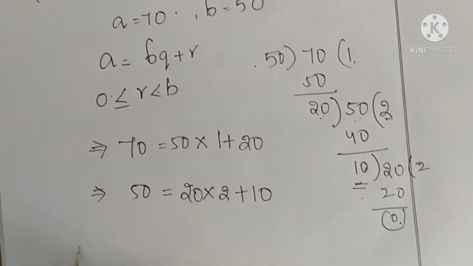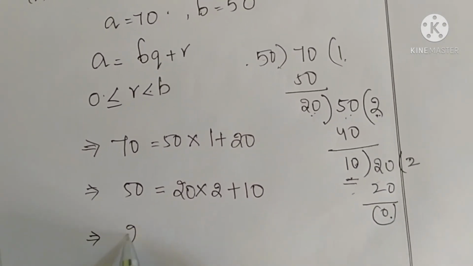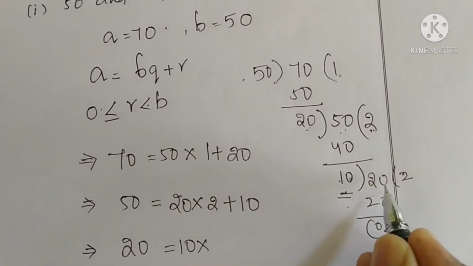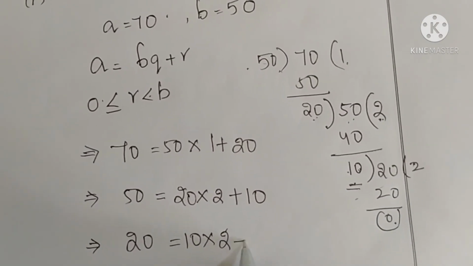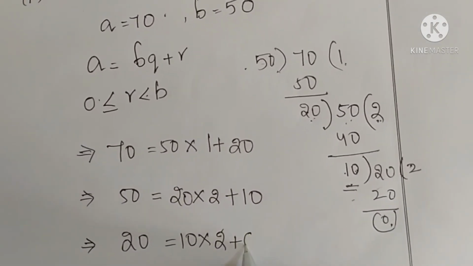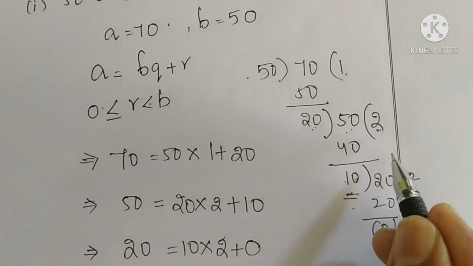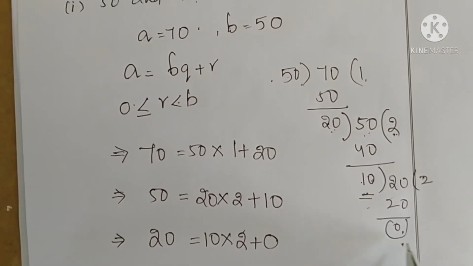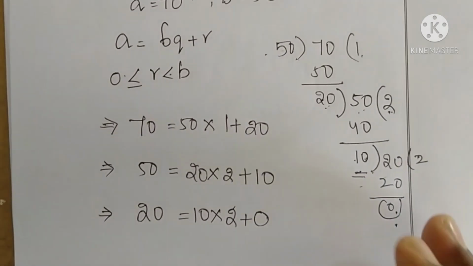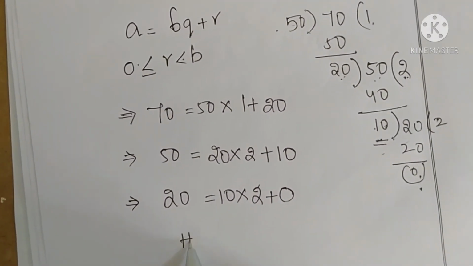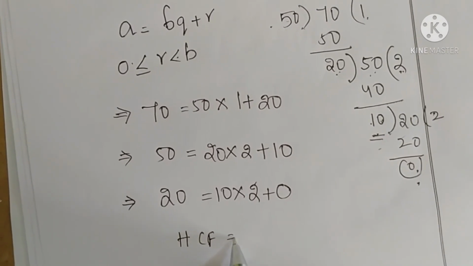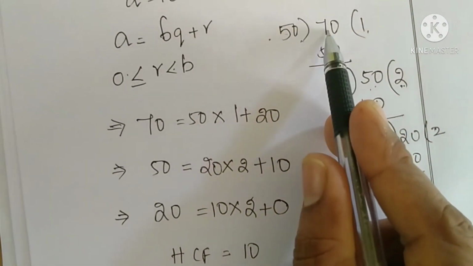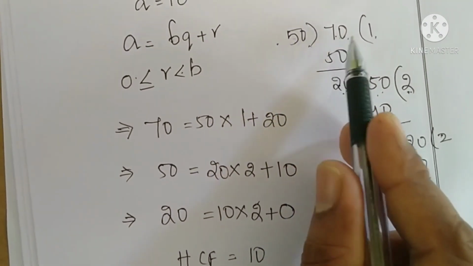At this stage, A is equal to 20, B is equal to 10, quotient Q is equal to 2, plus remainder R is equal to 0. Continue this process till the remainder is 0. At this stage, the divisor is the required HCF. Here HCF is equal to 10. 10 is the HCF of the two numbers 50 and 70.